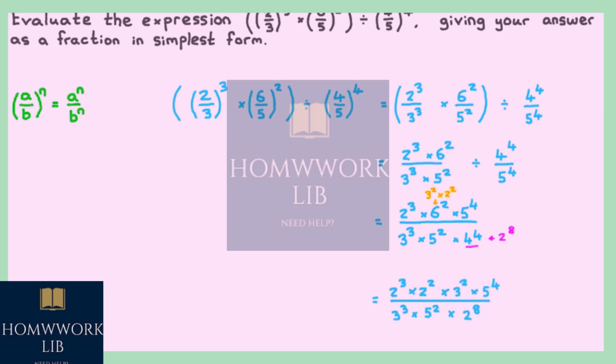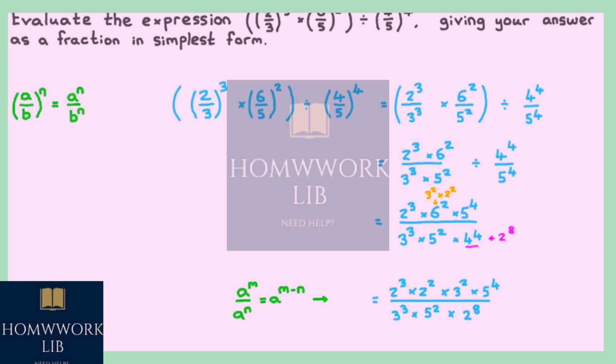To help us simplify this expression, we can rewrite each factor to be in terms of powers of primes. We can calculate that 6 squared is equal to 3 squared times 2 squared, and 4 raised to the 4th power is equal to 2 raised to the 8th power. This allows us to rewrite the expression as shown. We are now ready to cancel shared factors in the numerator and denominator.